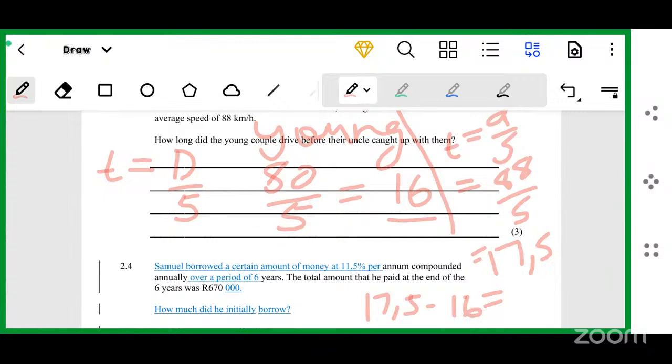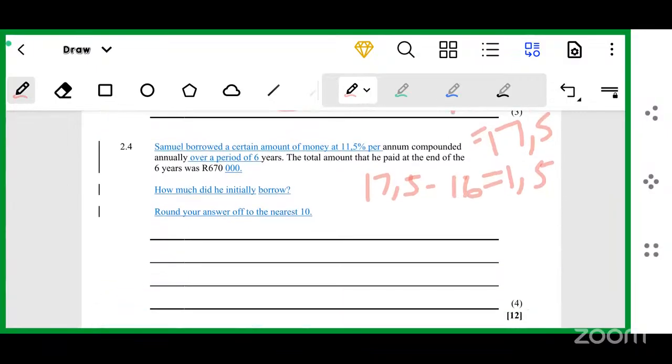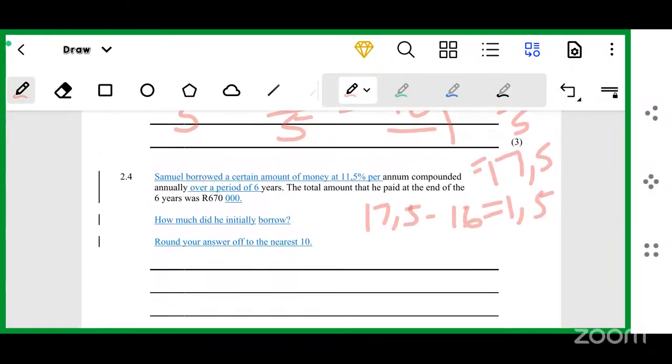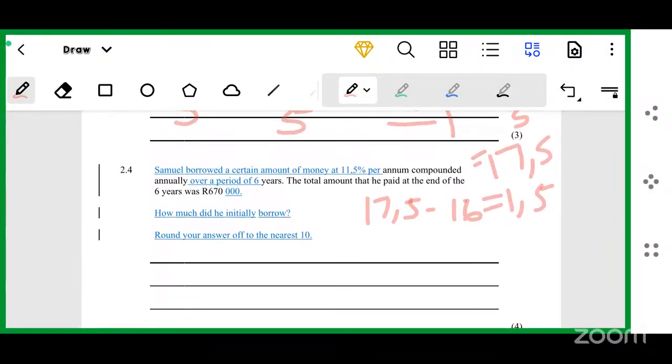1.5. So, ma'am, when I got here, I was wondering, is it in hours? Will he catch up with them in 1.5 hours? Okay, so it can be 1.5 hours. Because let's see, 1.5 is the same as 3/2.